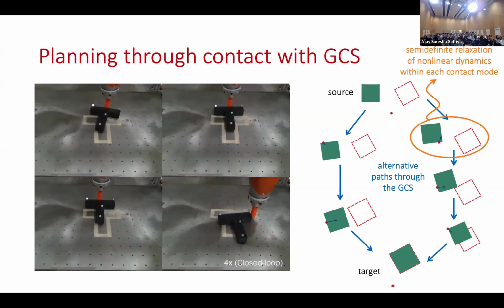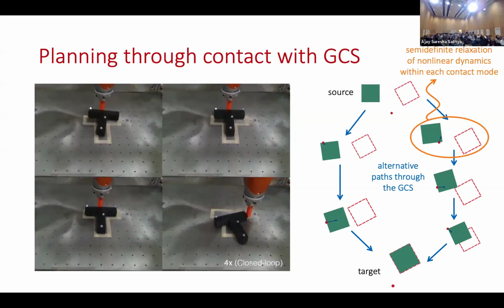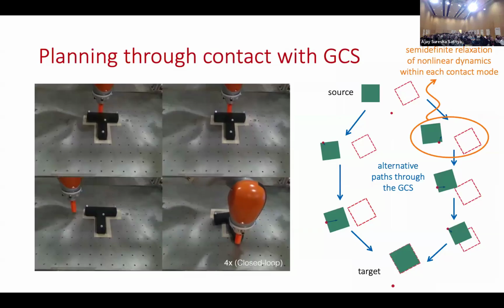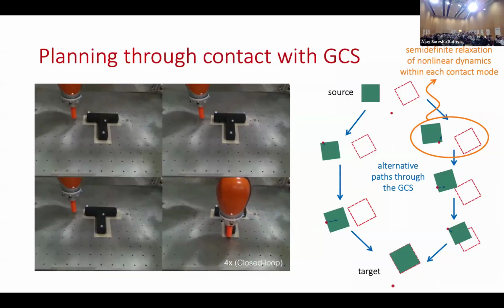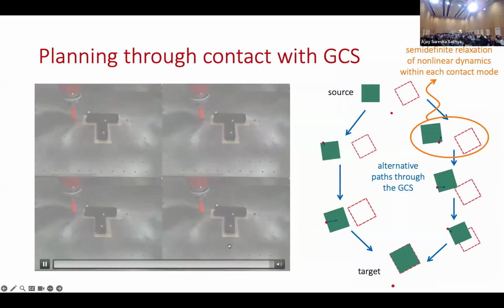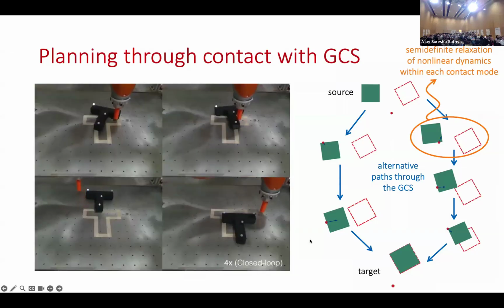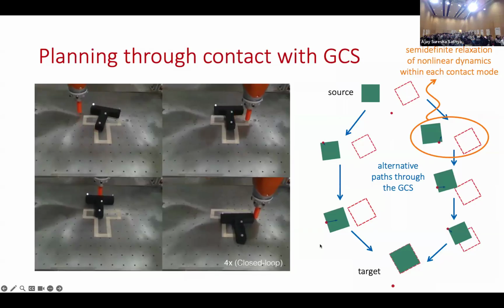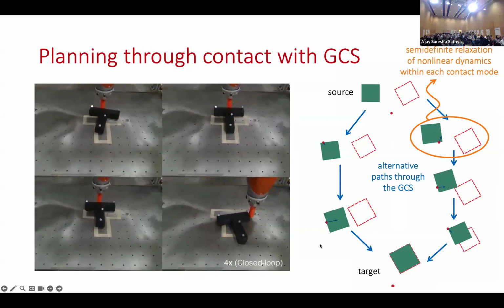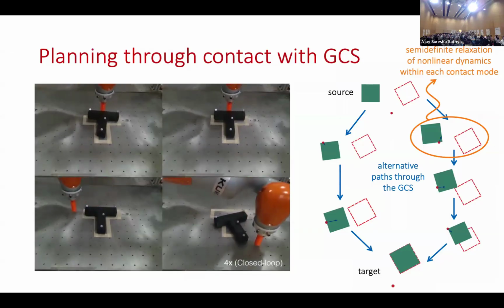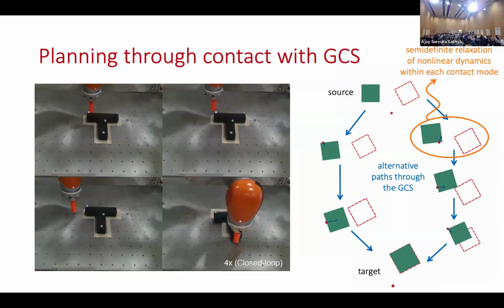That's a nonlinear dynamics. We can approximate it using semi-definite relaxation. This gives you an overall relaxation of the problem. But again, you solve the convex relaxation, you do some rounding, and you obtain the trajectory shown on the left, which, before they told me, I would have been surprised to know are generated using convex optimization. They are very contact-rich and involve some non-trivial thinking about the geometry.